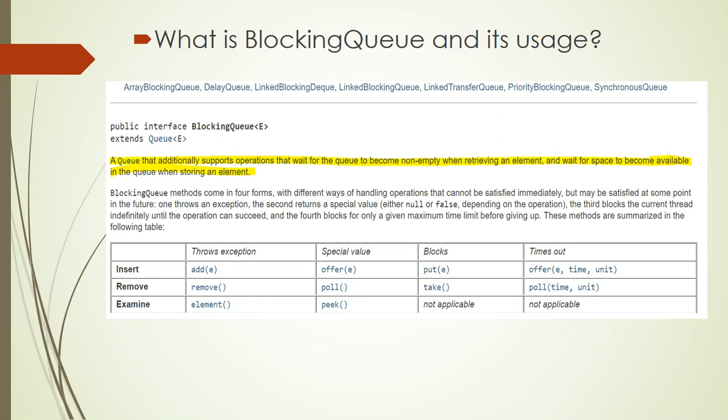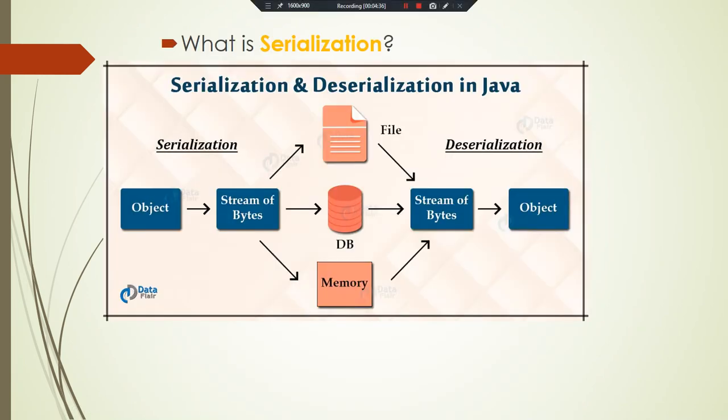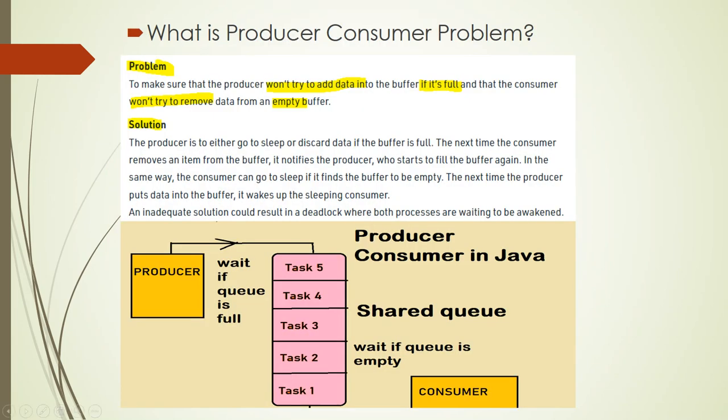So moving to the next question: what is the producer consumer problem? This is a very interesting question. The producer consumer problem happens mostly in multi-threading. The problem is related to the previous question.